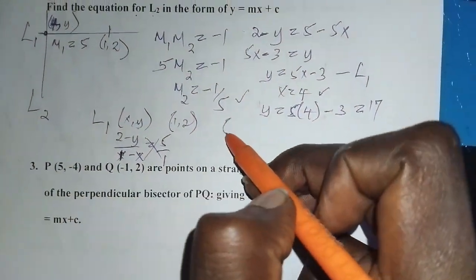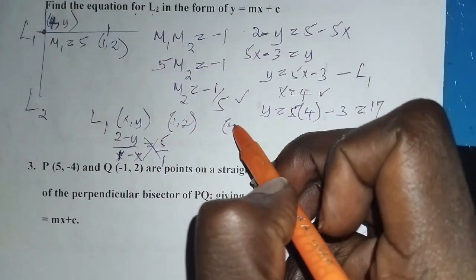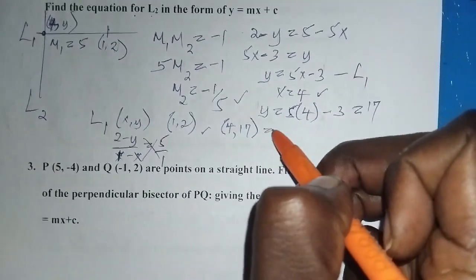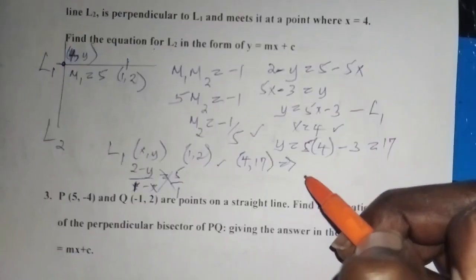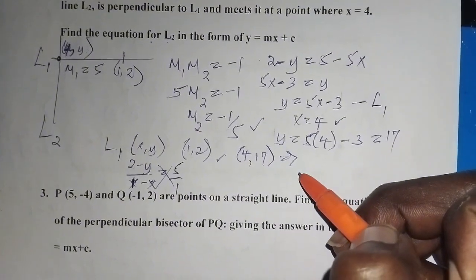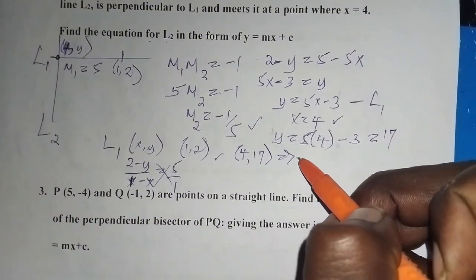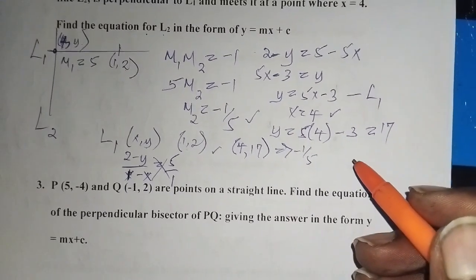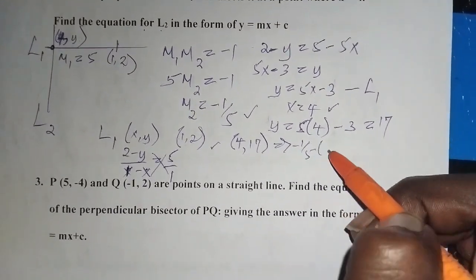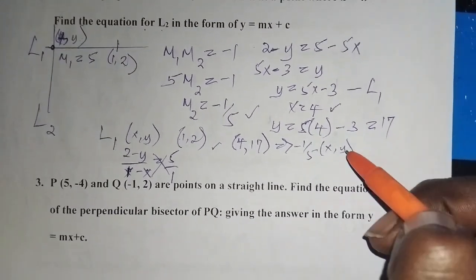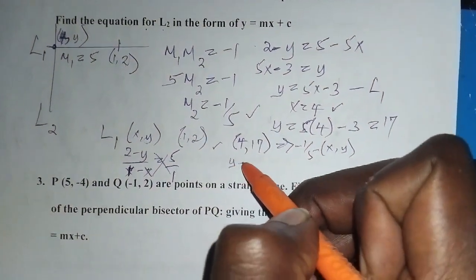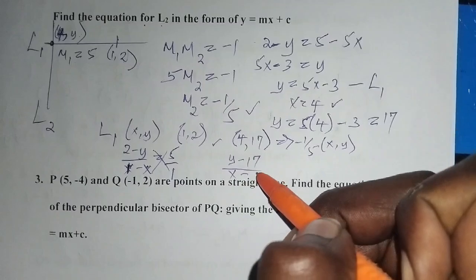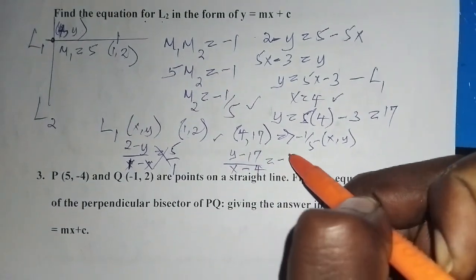So it means at that point your x is 4 and y is 17, and the gradient for L2 is what you have gotten as -1 over 5. So again we can find the equation of that line. So we shall have y minus 17 over x minus 4, which will give you -1 over 5.